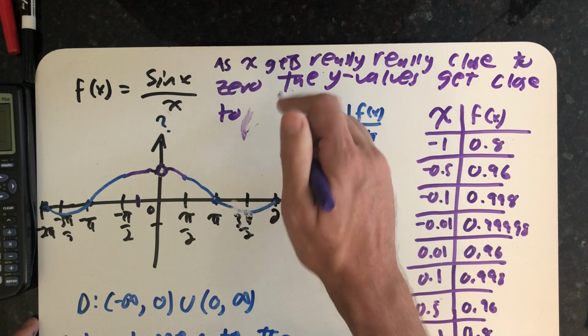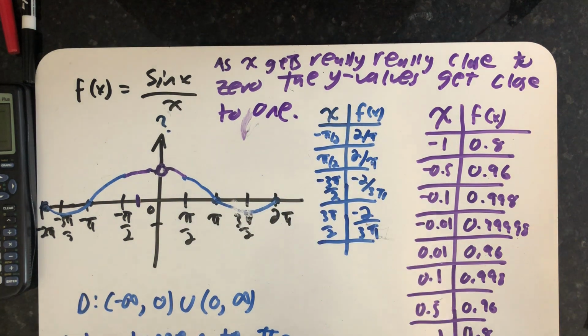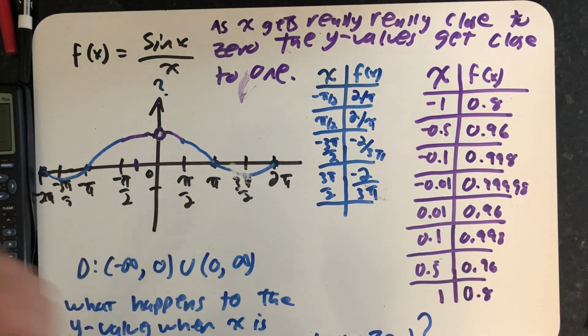So what I would claim here is that we've discovered in this function, as the x values get really, really close to 0 without actually getting there, the y values get super close to 1.